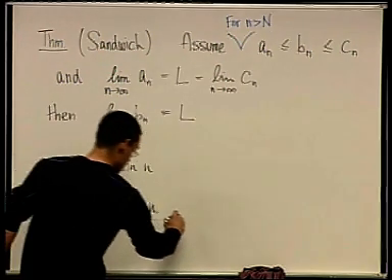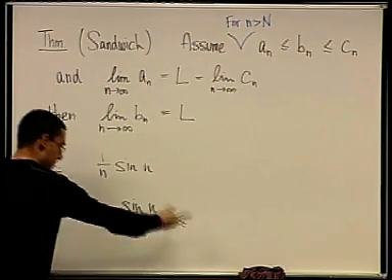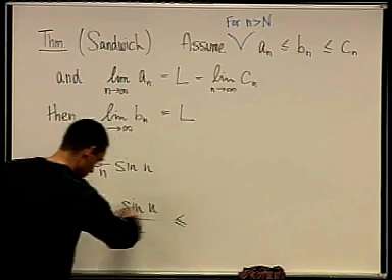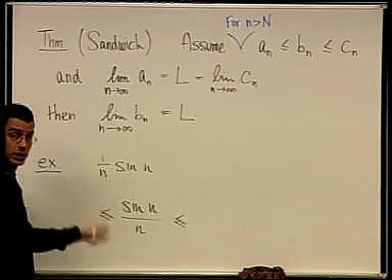And I want to somehow bound this sequence between two other sequences whose limits I know. So what would you do here? What is the natural thing to do? Right. Sine n is between -1 and 1.